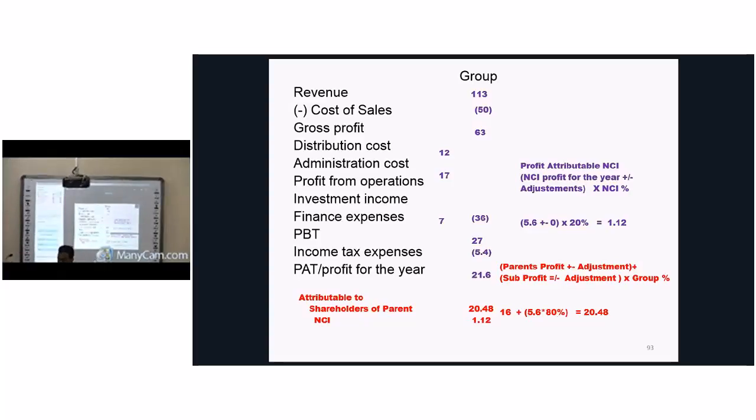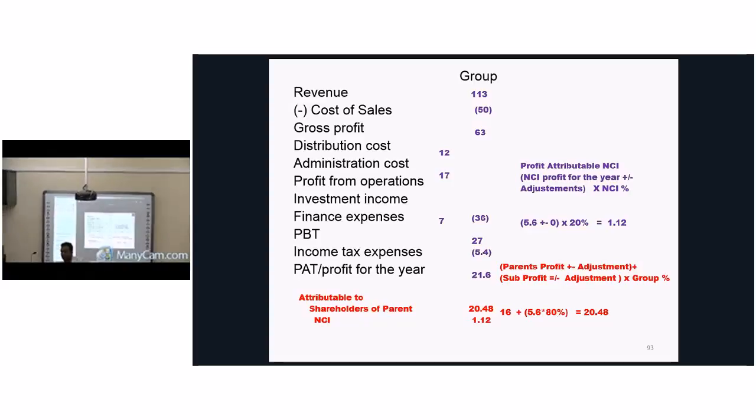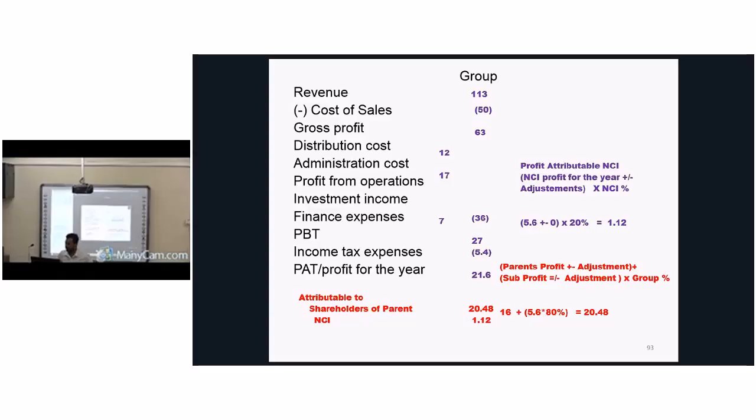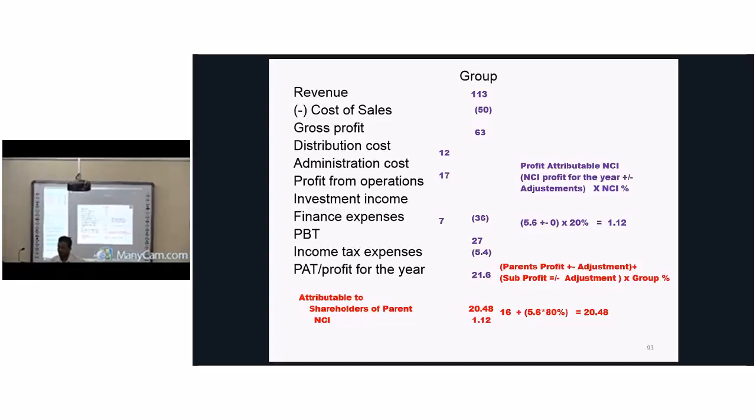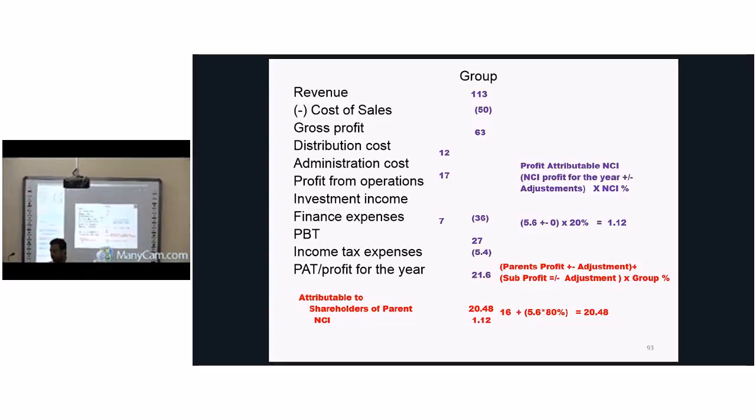We learn only one point today in the income statement: how to account for this, how to record this profit after tax for shareholders of parent and NCI. So we'll do at least one question next week relating to this income statement, and thereafter we can see the rest.